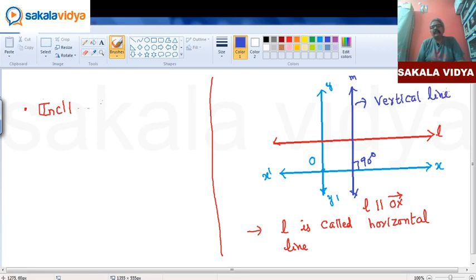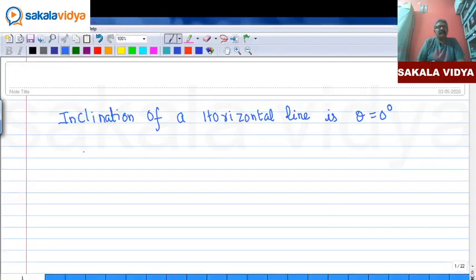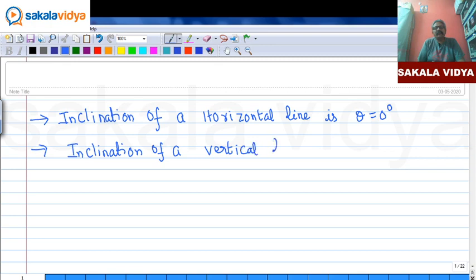A line parallel to the y axis is called a vertical line, which is making 90 degrees with x axis. So, the inclination of a vertical line is 90 degrees. Here this is the first point. Second point, inclination of a vertical line is theta equal to 90 degrees.